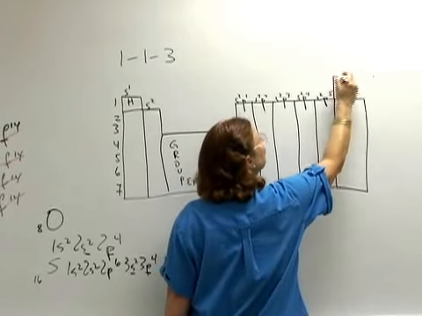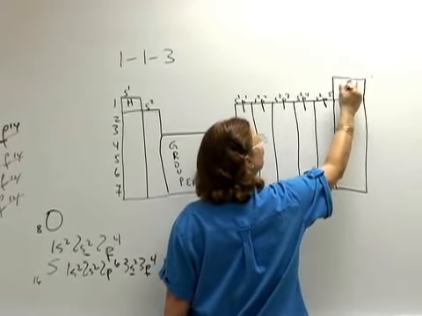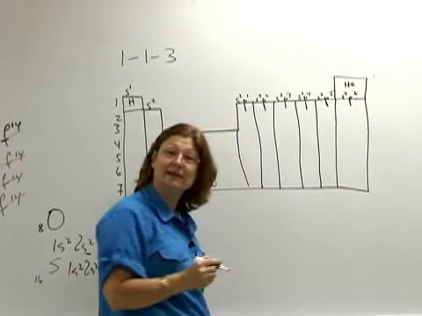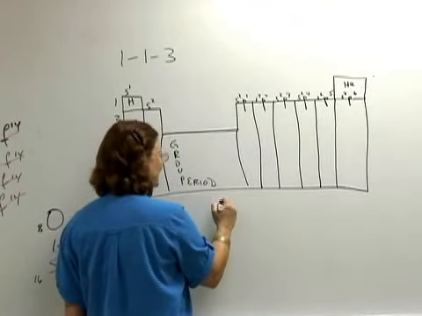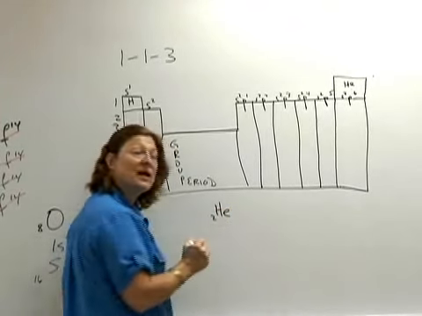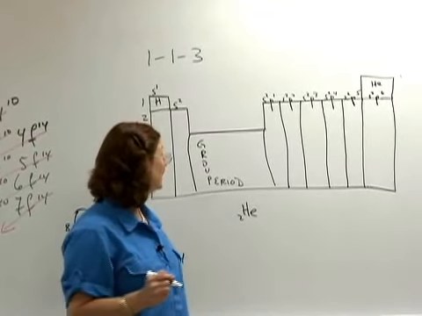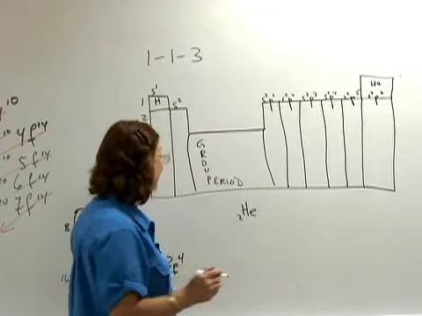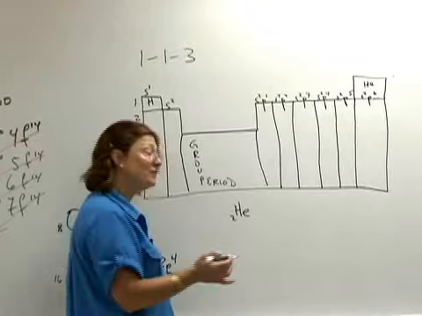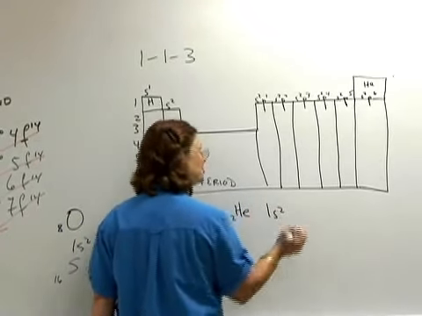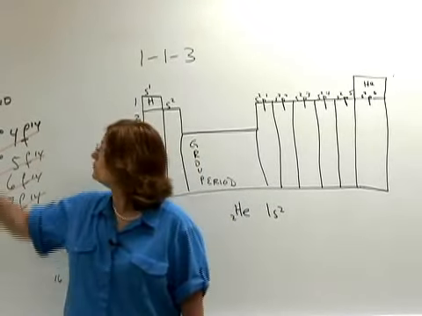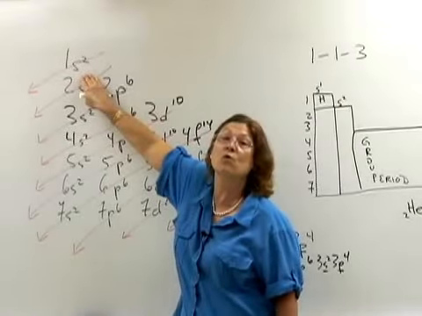Now you'll notice that above the s2 p6 we have helium. And when we look at helium's electron configuration, helium has atomic number 2, and therefore it has 2 protons and 2 electrons in its atom. When I do a complete electron configuration, it's just 1s2. And I notice that on the first energy level, there's only an s orbital.